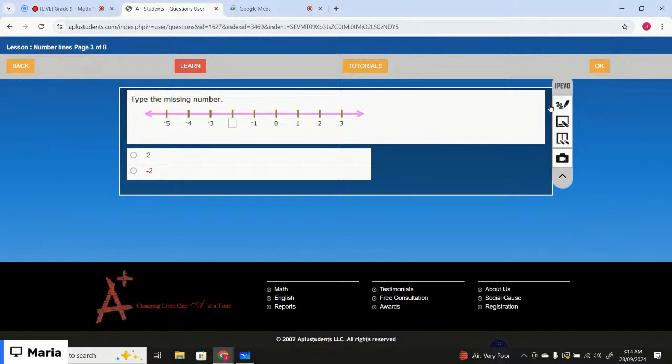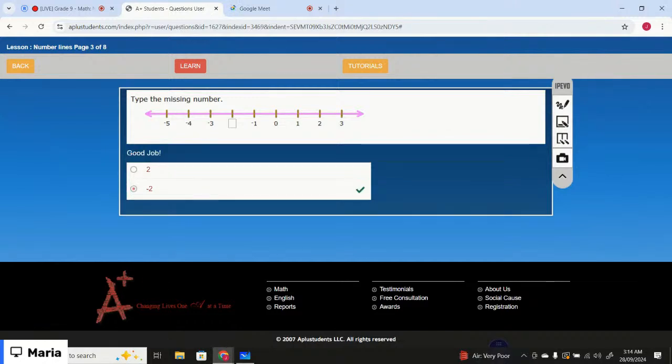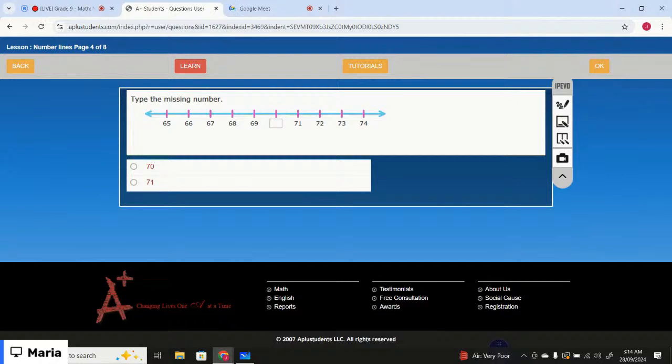Yes, between -1 and -3 you have -2. So the correct option is -2. Okay, type the missing number. So which is the correct option? The missing number is 70, right? Okay, you can complete the lesson by yourself later today. Let me just move on to the next lesson.